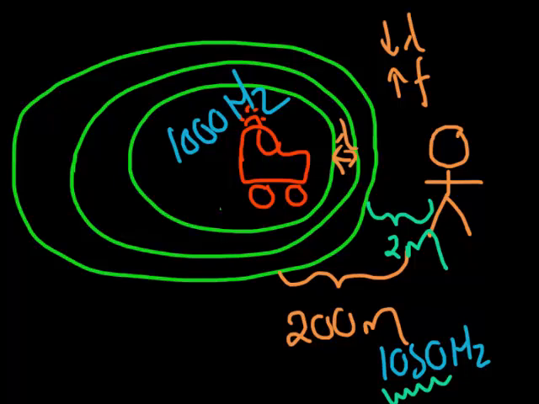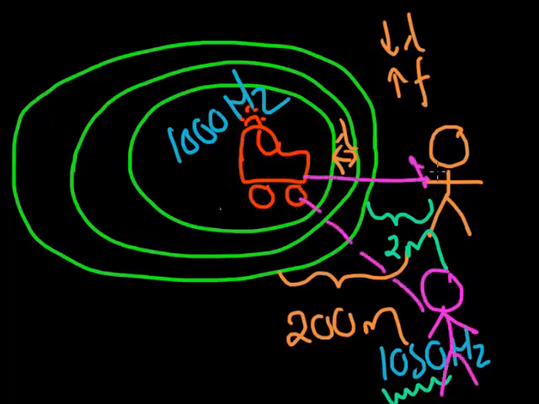Now that's due to the fact that you are not standing directly in the path of that source. You are actually standing on the side of the source movement. And therefore, because you are at an angle to this movement of the object, that's how come you hear it as a sound that becomes louder.